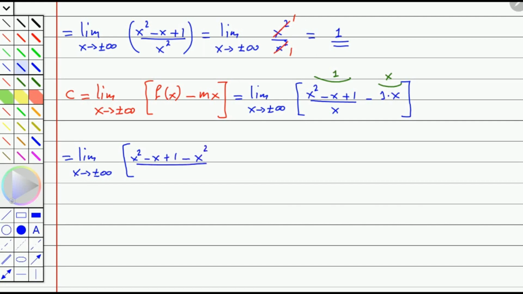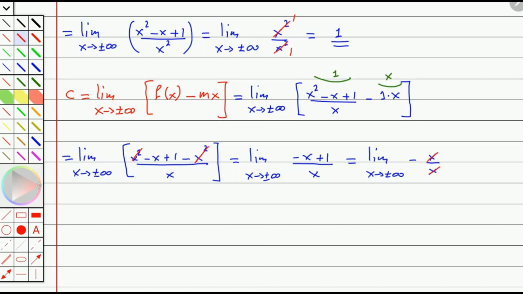Times x times 1 equals limit x goes to plus or minus infinity of (x squared minus x plus 1 minus x squared) divided by x. The x squares cancel, and we are left with limit x goes to plus or minus infinity of (negative x plus 1) divided by x. Once again, we are leaving only the highest order terms, equals limit x goes to positive or negative infinity of minus x over x.